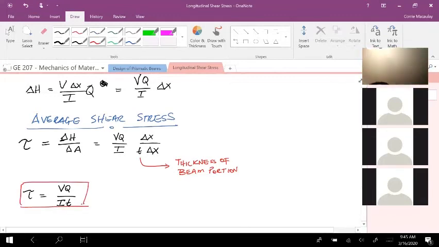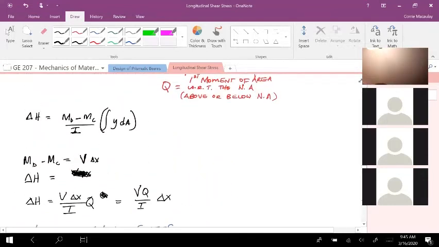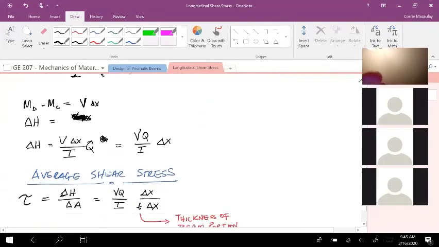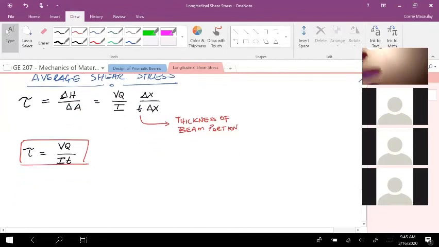So your shear stress in your beam that's acting horizontally at any point in that beam is equal to the shear force V, which we know how to determine. We can draw a shear diagram and get V at any point along the beam. And now we know this new term Q, which is just an area, and that area could be above or below the neutral axis.